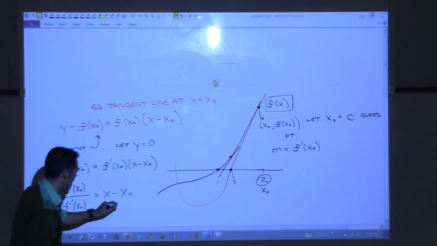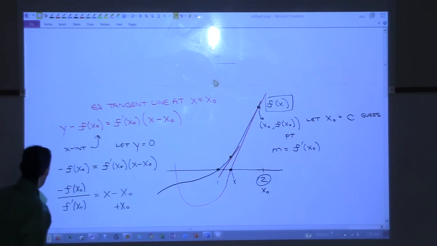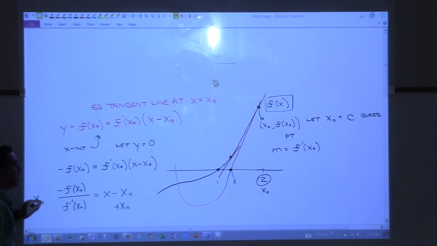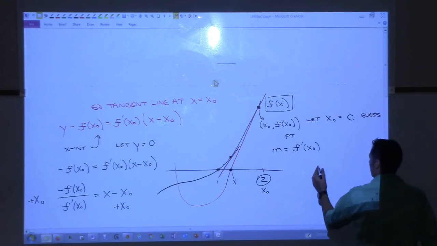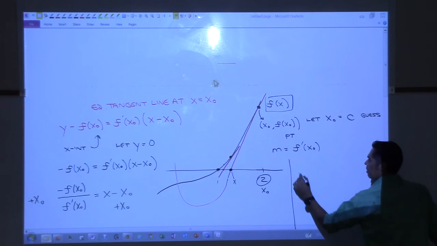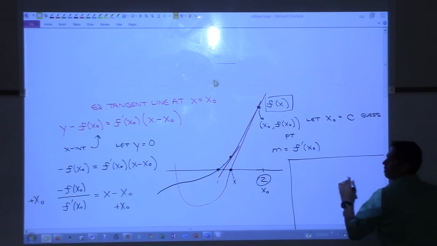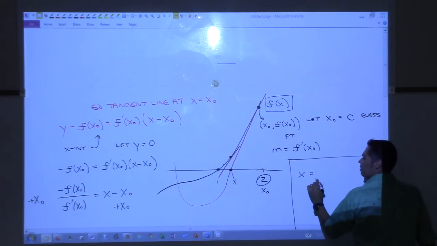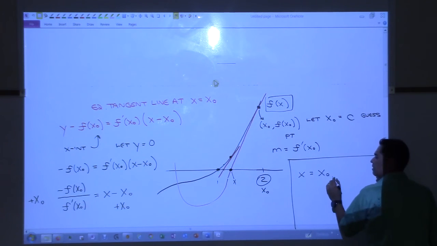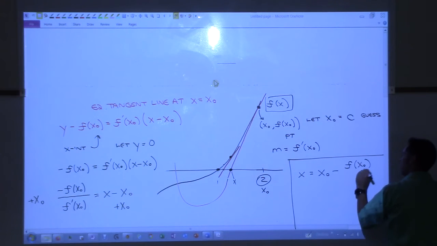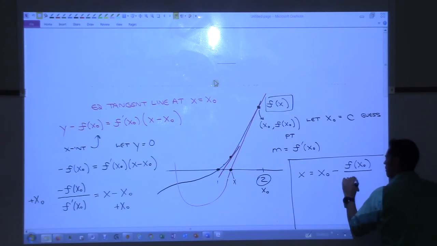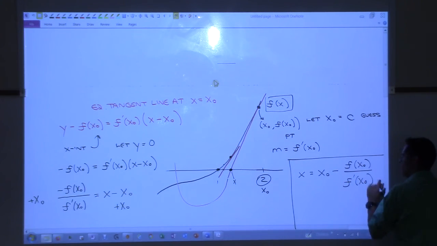And what we get is a formula for x. We get x is equal to x naught minus f of x naught over the derivative at x naught.